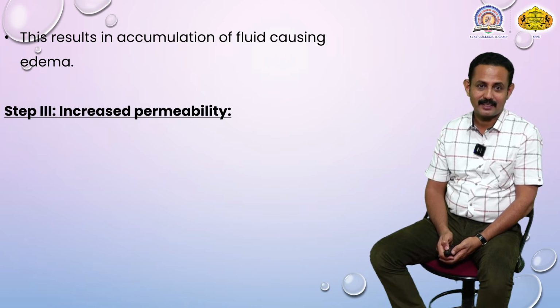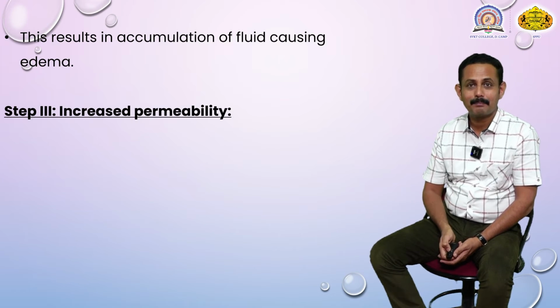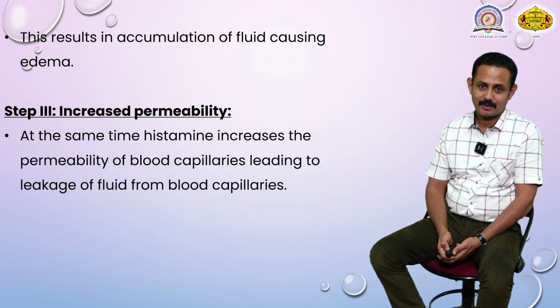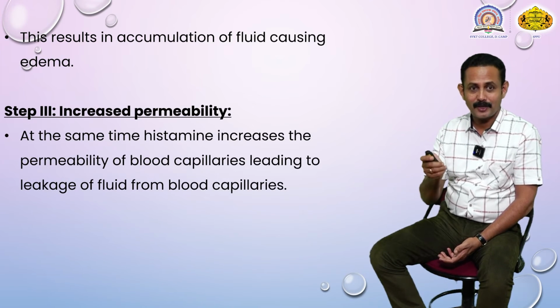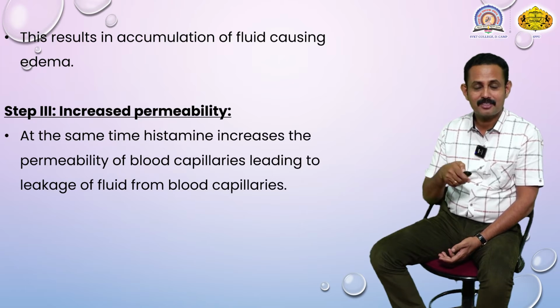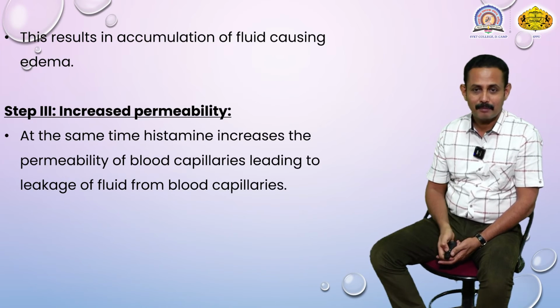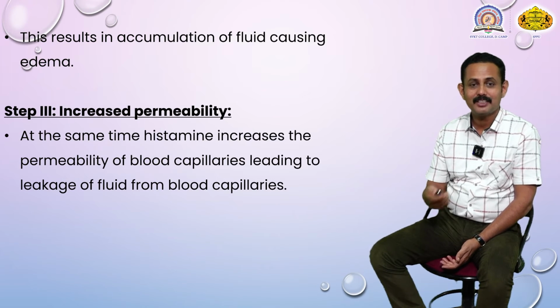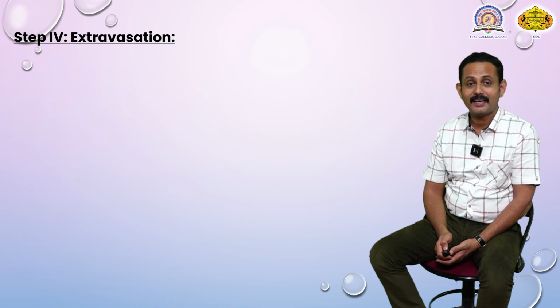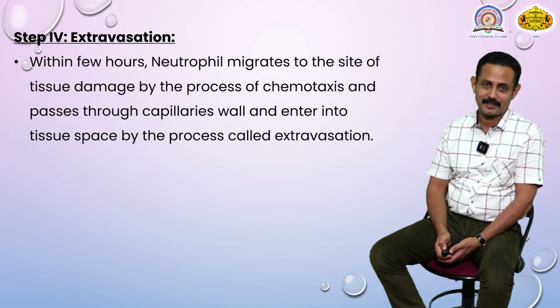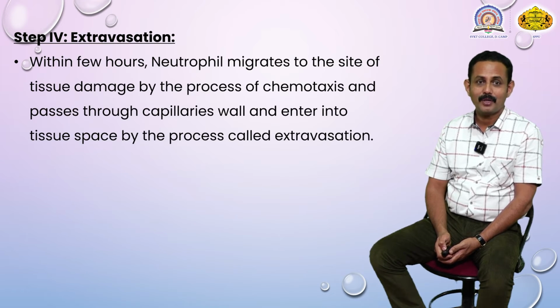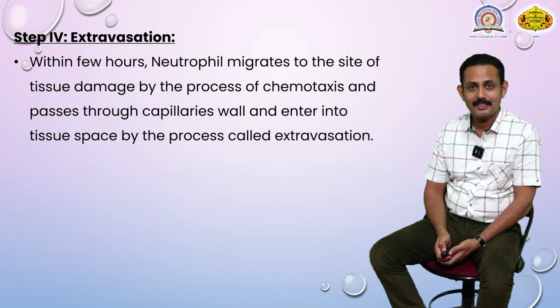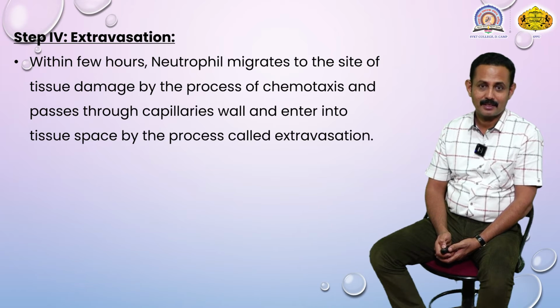After this swelling, there is a further increase in permeability. Same as for the vasodilation and increased permeability, histamine aggravates this mechanism, increasing the permeability of the blood capillaries and leading to leakage of fluid from them. Now after that, extravasation takes place. Within a few hours, neutrophils migrate towards the site of tissue damage by the process of chemotaxis.